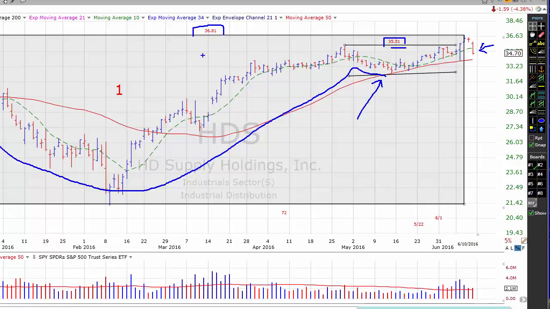We continue to watch that 36.81 pivot point. HD Supply gets a 72% checklist rating and may be of interest to both conservative and aggressive traders here. Again, we want to break above that 36.81 area on at least 140% of average daily volume. We'll keep an eye on it.